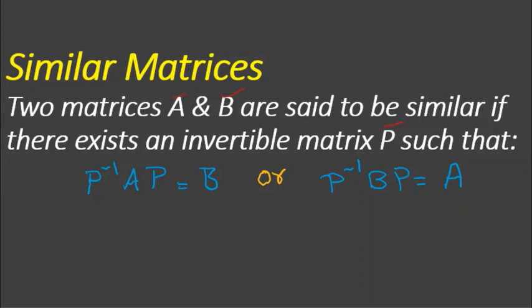So here similar doesn't mean equal. They are said to be similar if there exists an invertible matrix P such that P inverse AP, the product of P inverse A and P. How could you get P inverse? Because you have taken invertible matrix P. So such that P inverse AP is equal to B or P inverse BP is equal to A.